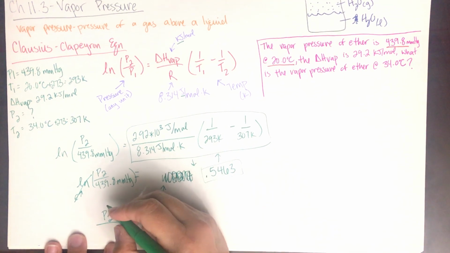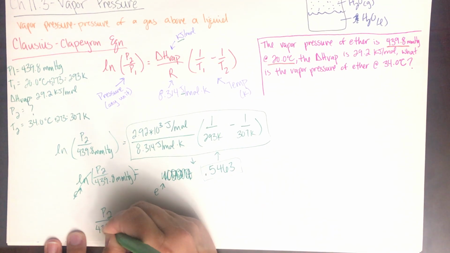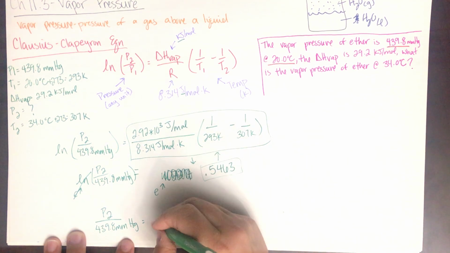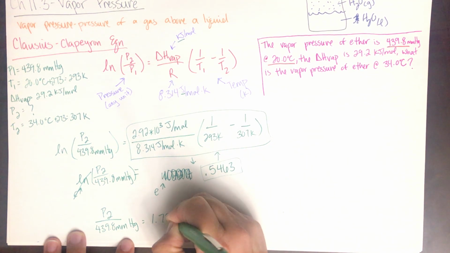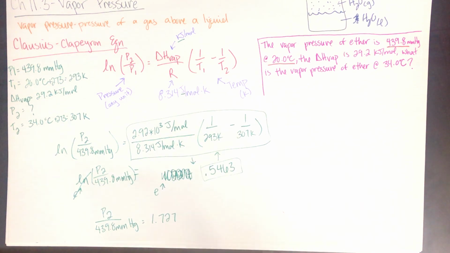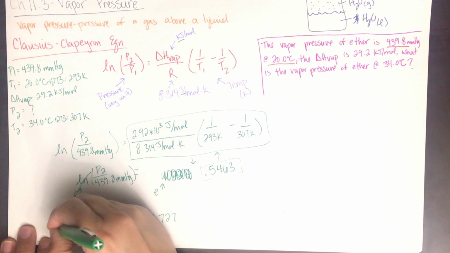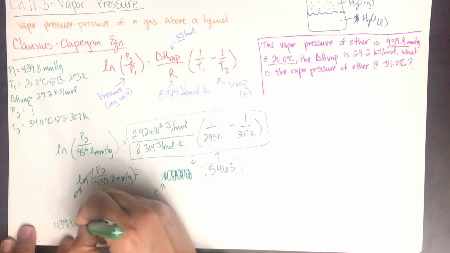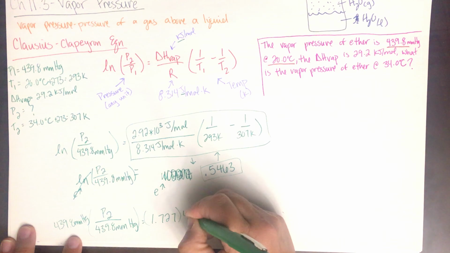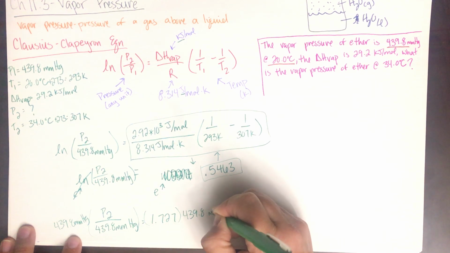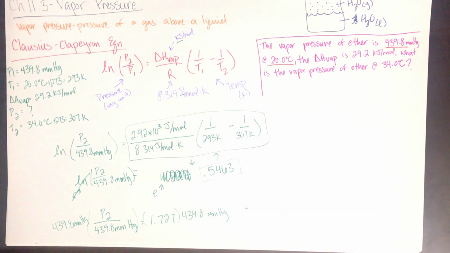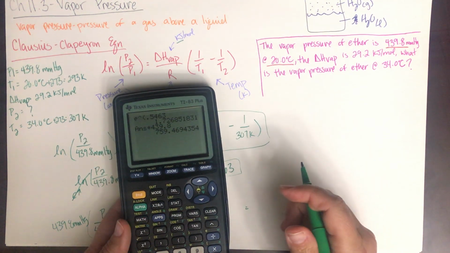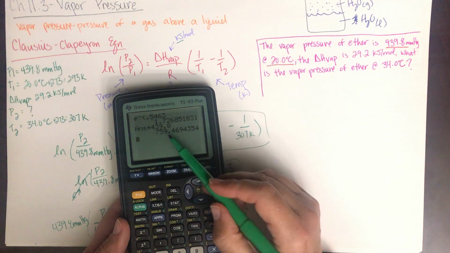Now you will get final pressure over 439.8 millimeters of mercury equals 1.727. So now I'm going to multiply both sides by 439.8 millimeters of mercury, and you should get about 760.